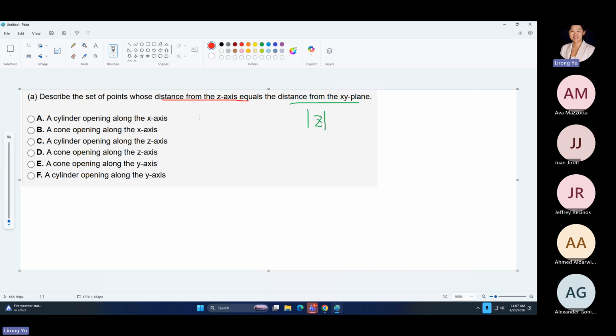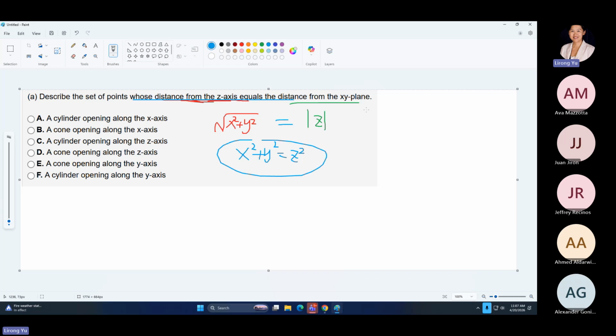Remember, a revolution about the z-axis gives r equal to the root of x squared plus y squared. Since the distances are equal, we set them equal and square both sides, which gives x squared plus y squared equal to z squared. That is the equation representing this surface.